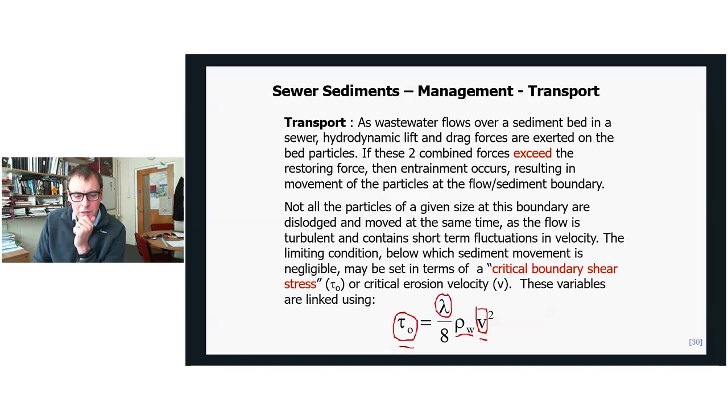So what that means is, whilst velocity is an important parameter, and we use it for our self-cleansing criteria, remember last week's notes, it's not the criteria, and it's shear stress. And shear stress is related to the velocity squared. Okay.